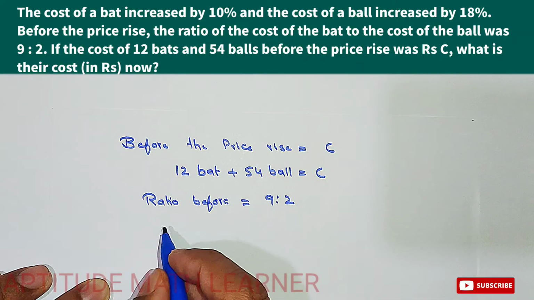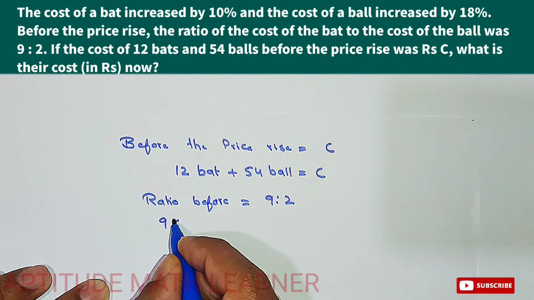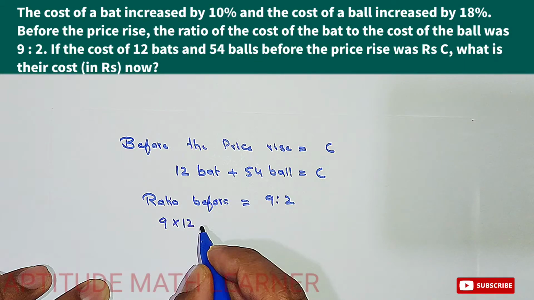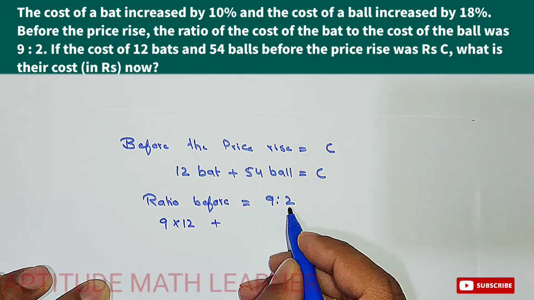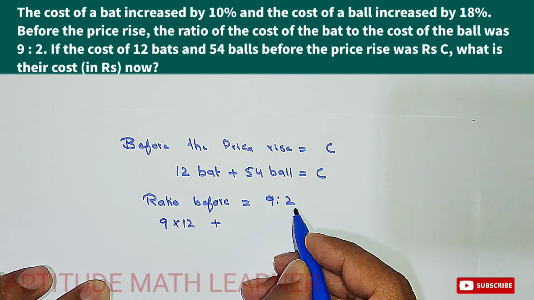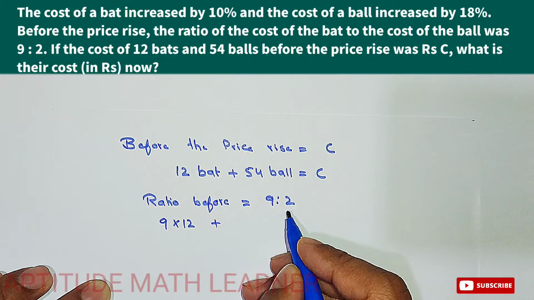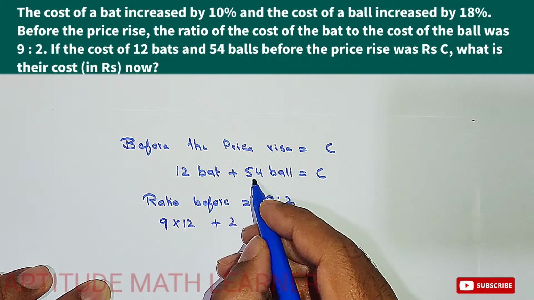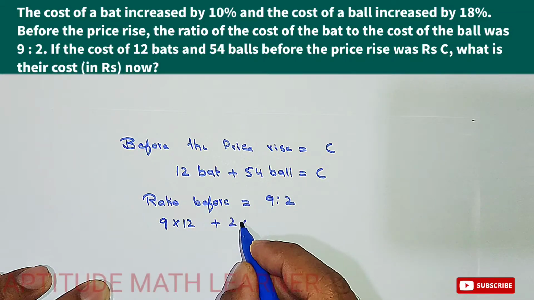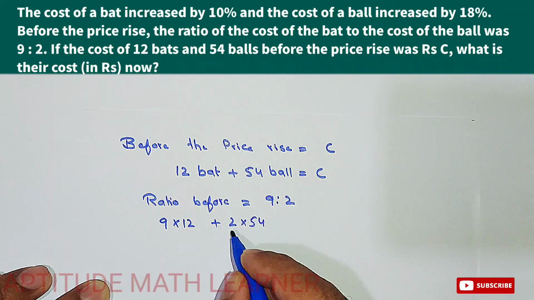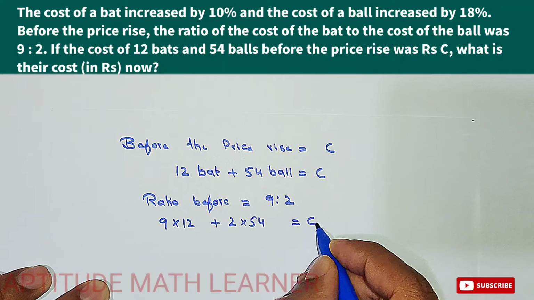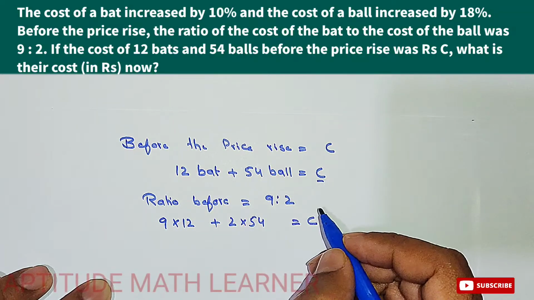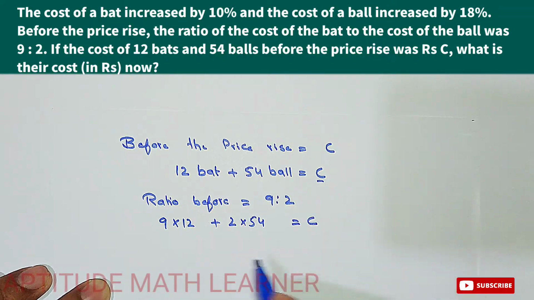For this, that is 9 multiplied by 12, this is for bat, plus the cost for one ball, that is 2, and for 54 balls, 2 multiplied by 54. This is equal to C. I hope till here you have understood the complete method.